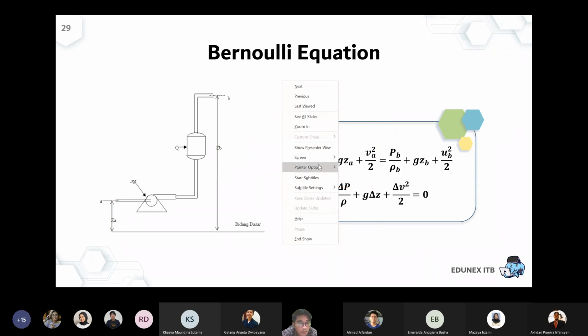Okay. If we compare point A and point B, you can write down the equation because the total energy will remain constant.